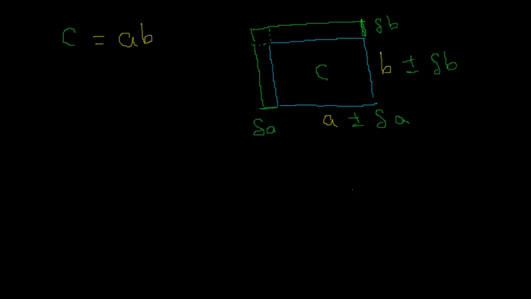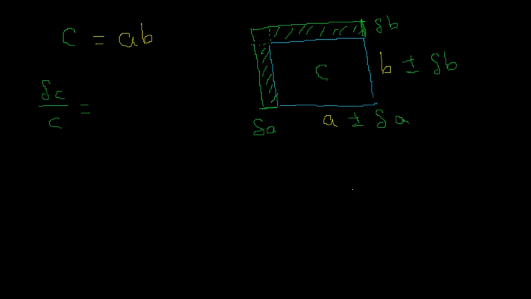The result of having a delta A here is to increase the area of C by a certain fraction, which is given by this. And the effect of having a delta B there is to increase C by that fraction. So the total fractional increase in the area of C, let me call it delta C, would be this fraction plus that fraction.